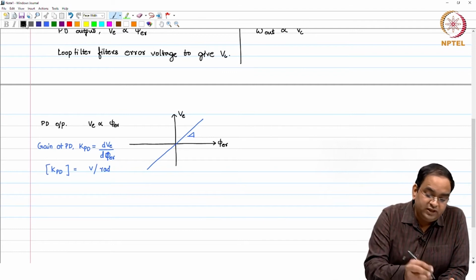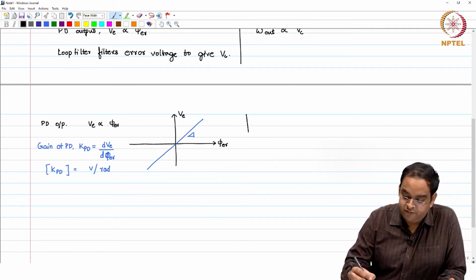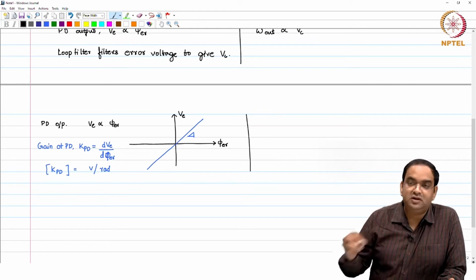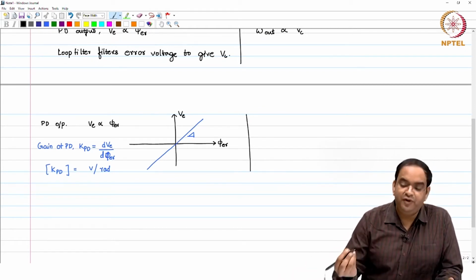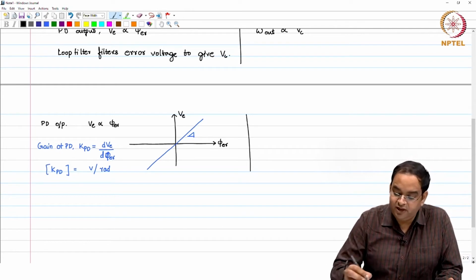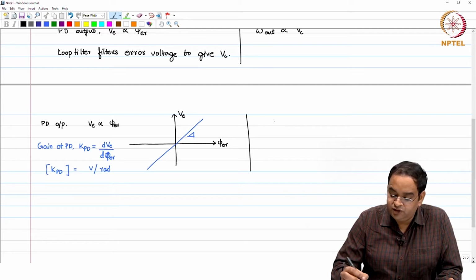So, once you get the PD output, which is a voltage in proportion to the phase error, you filter it with the loop filter, which has a certain transfer function.